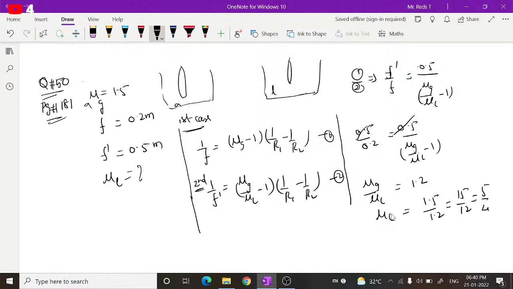Is it 0.8? It becomes minus 1. 1 minus 0.2. So if you take this, mu g by mu l minus 1.